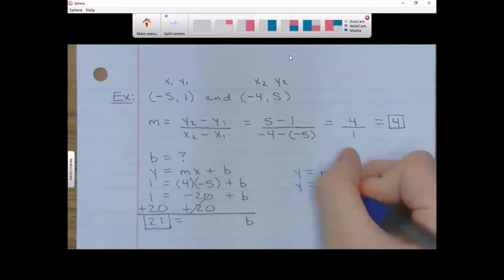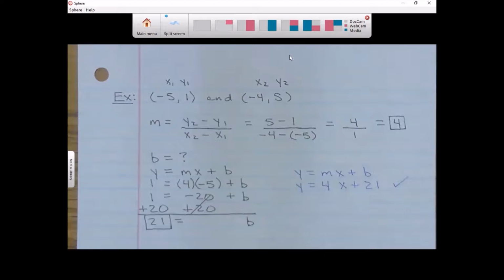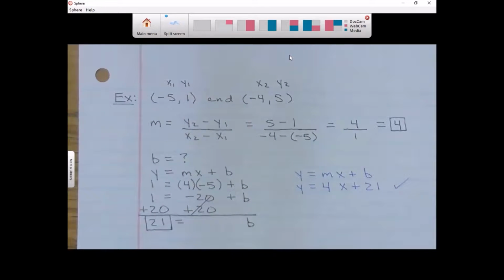So I let m be 4, I let b be 21, and I'm done. So the equation of my line has to be y equals 4x plus 21. And we're going to do one more example like that.